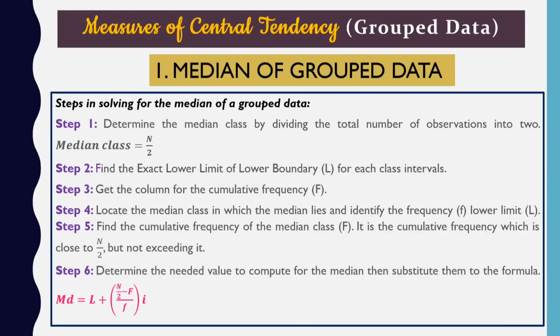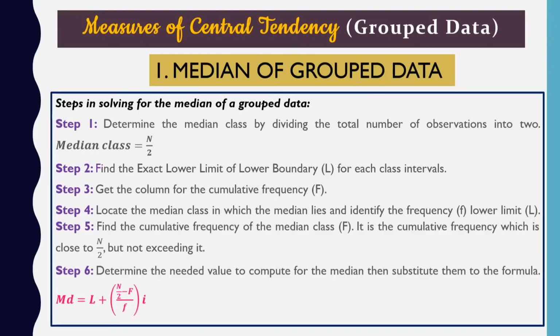For us to identify the median of an ungrouped data, we simply arrange the data in increasing or decreasing order, then identify the middle number, and the middle number is the median. However, if there are two middle numbers, we get the average of those two numbers, and the result is the median.